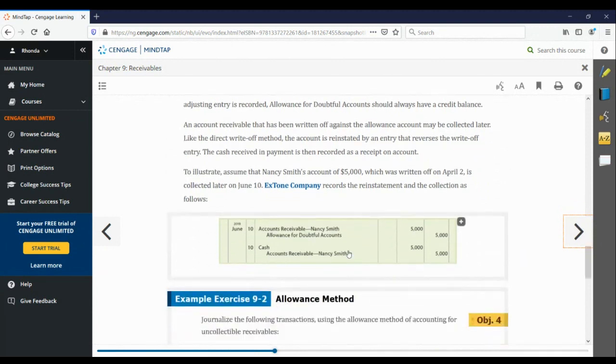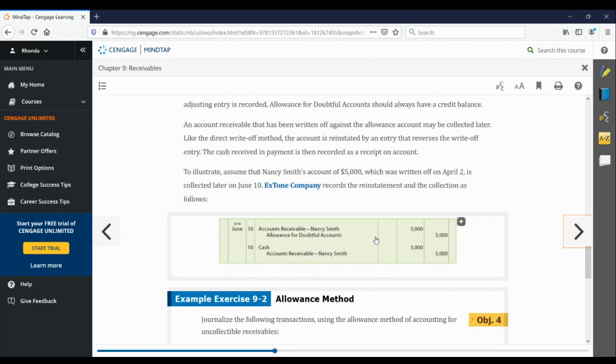Now on this next part, what they're showing as an example where we have two journal entries, is if we have previously written off a customer's account, that customer might come back to our company and say, oh, I've got the money now.